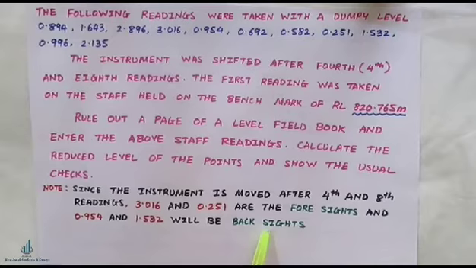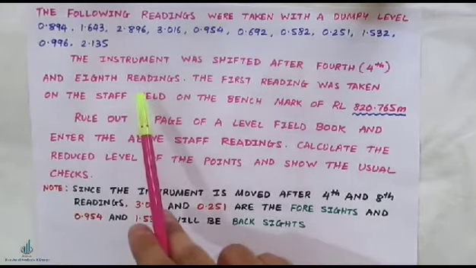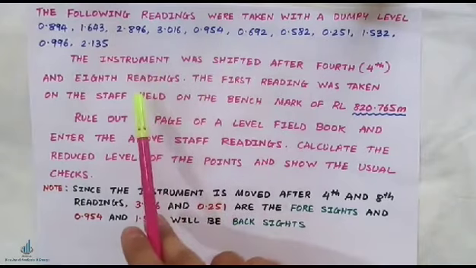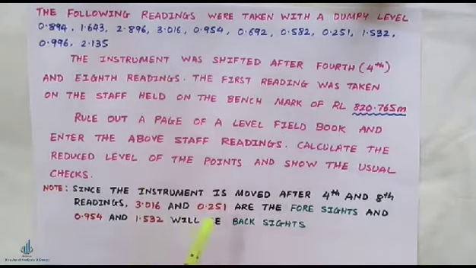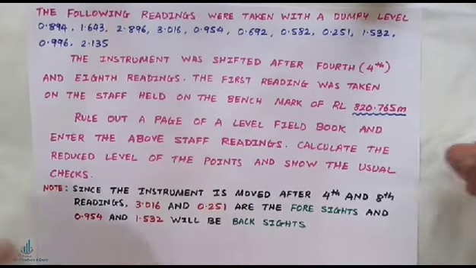This we have to remember. So the instrument was shifted after the 4th and 8th readings, which means the 4th and 8th will be foresights and the 5th and 9th will be backsights.